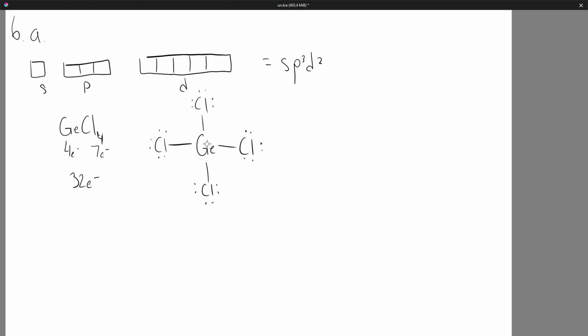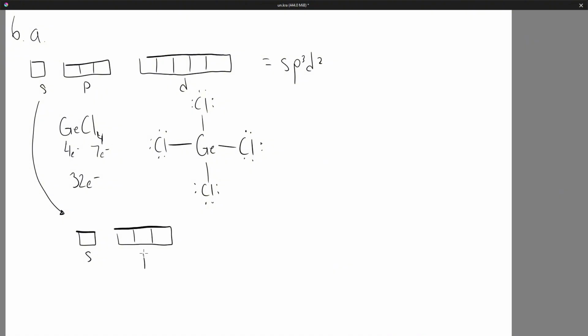So the bonds around the central atom germanium are 4 sigma bonds. In other words, there's 2, 4, 6, 8 electrons around it, which means for these orbitals we want to fill them up to the point where 4 orbitals are fully filled.